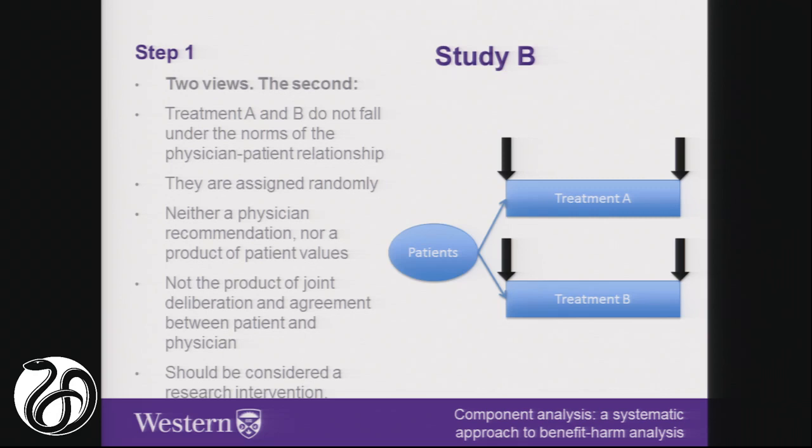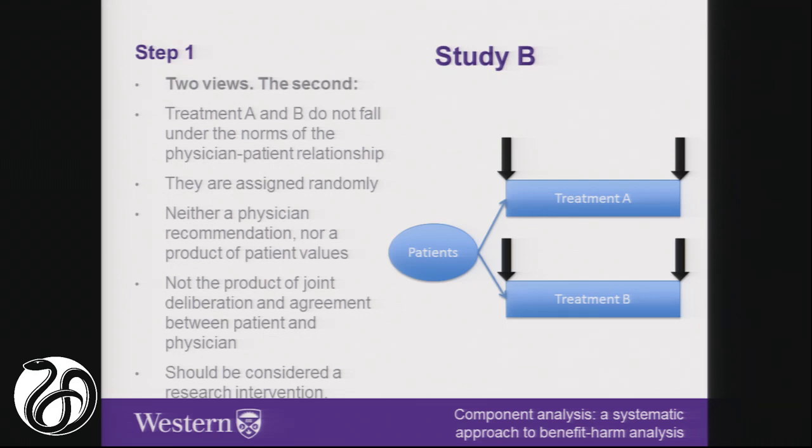Well, we have to say more than that. That's not enough. If a particular patient receives treatment A in this study, it is not the result of a physician recommendation, nor is it the result of a consideration of a series of treatment alternatives and then a reflection upon that patient's values and the patient deciding this is the right treatment for me.